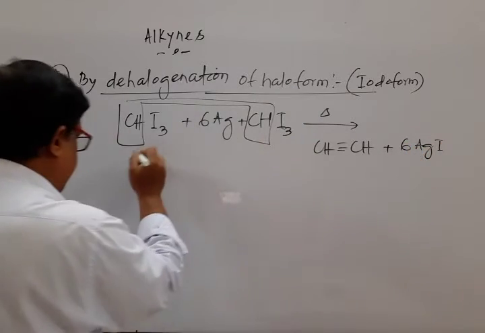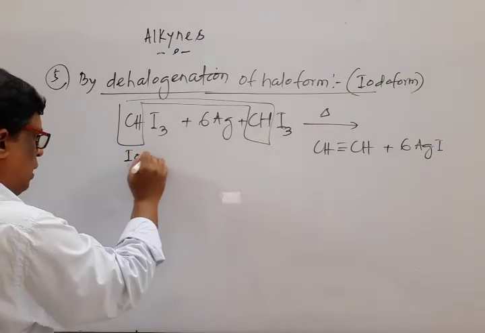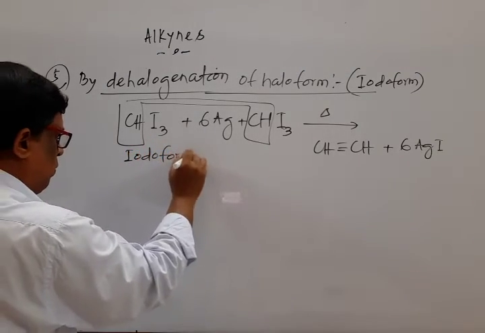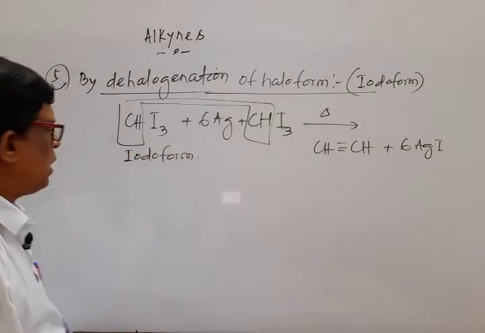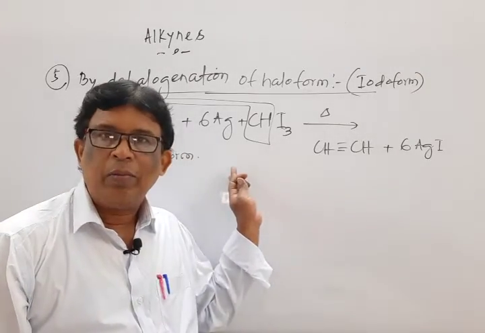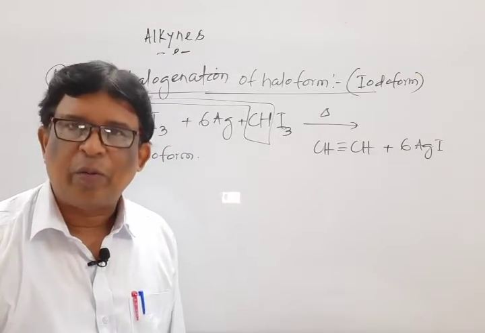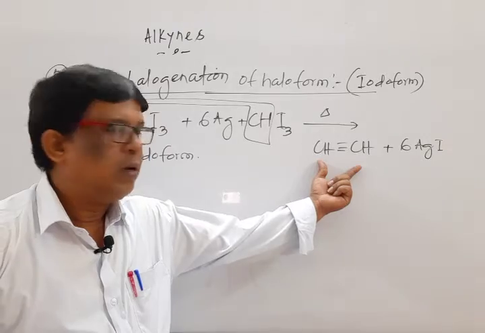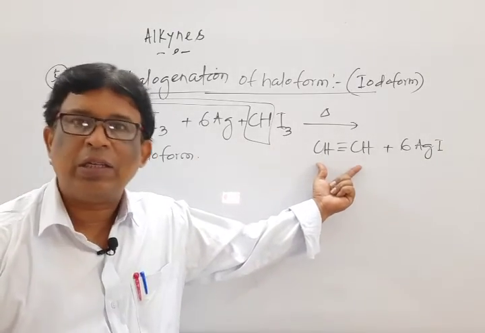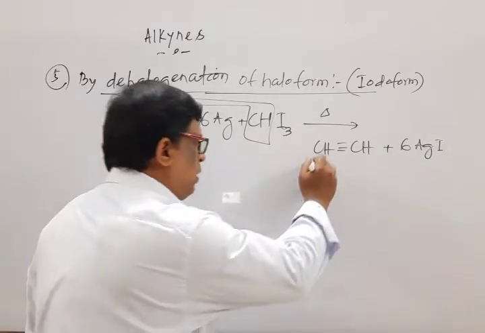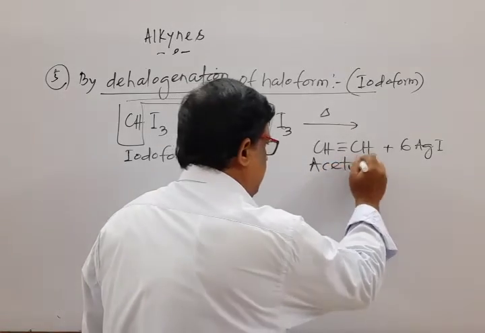Iodoform is a yellow solid. So what is the statement? When iodoform is heated with silver powder, it undergoes dehalogenation, resulting in the formation of acetylene.